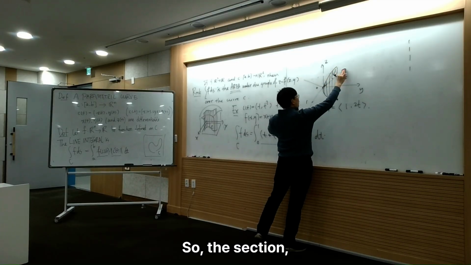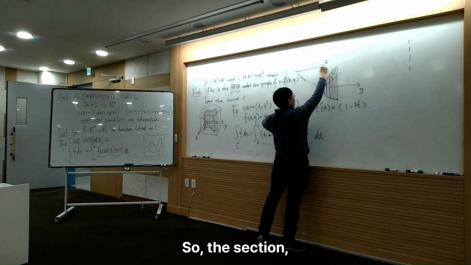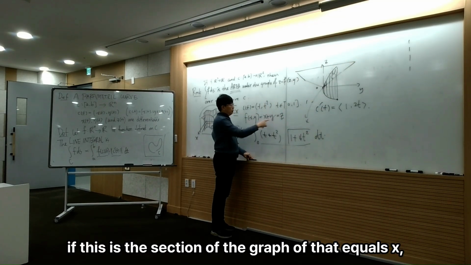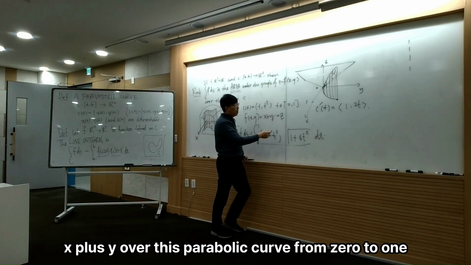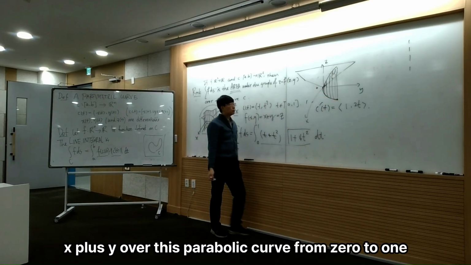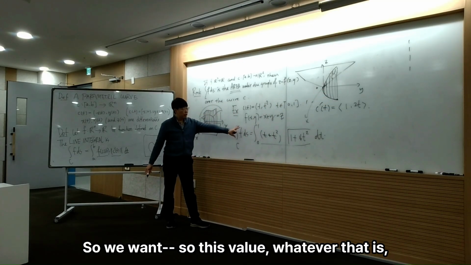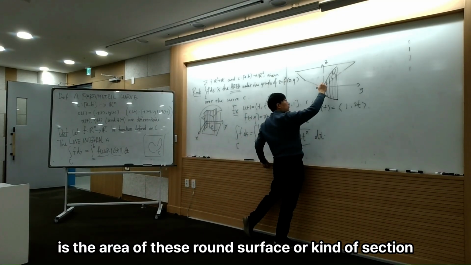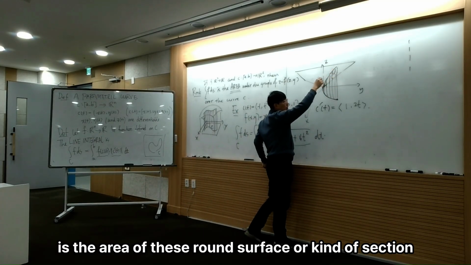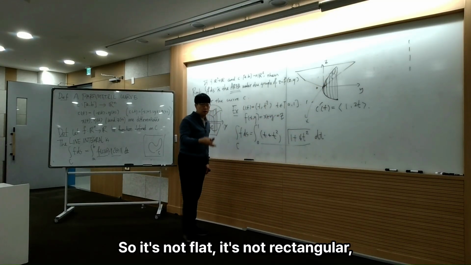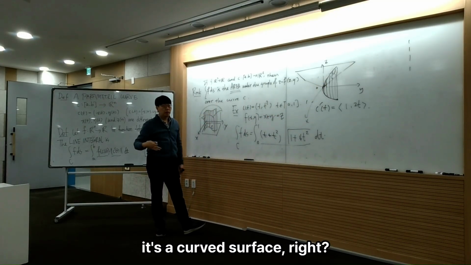So this is the section of the graph of z equals x plus y over this parabolic curve from 0 to 1. So whatever that value is, it is the area of this round surface or kind of section. It's not flat, it's not rectangular, it's a curved surface, right?